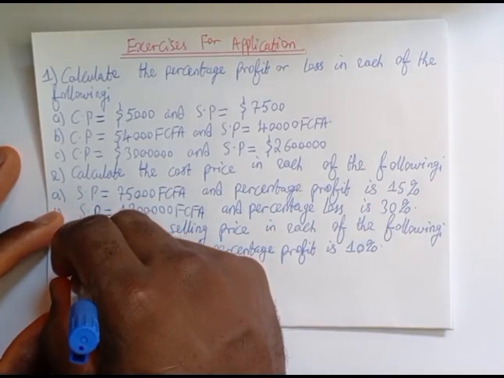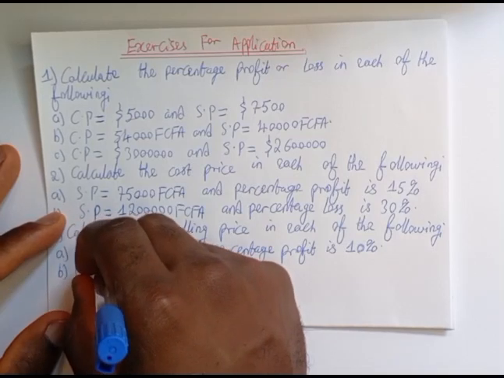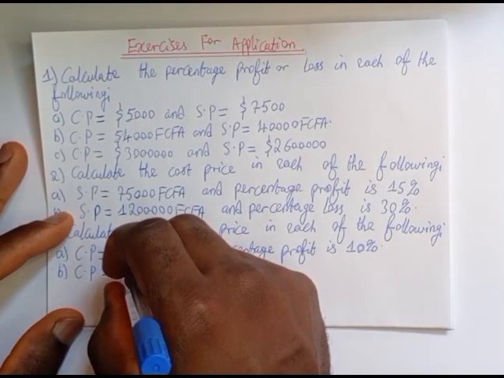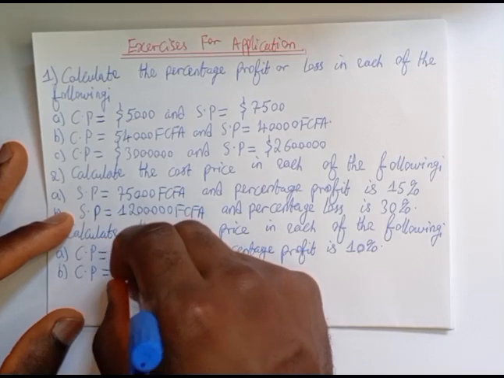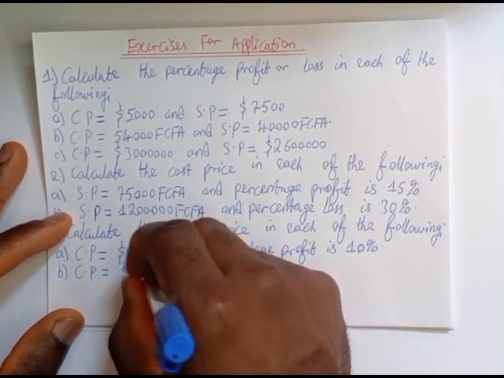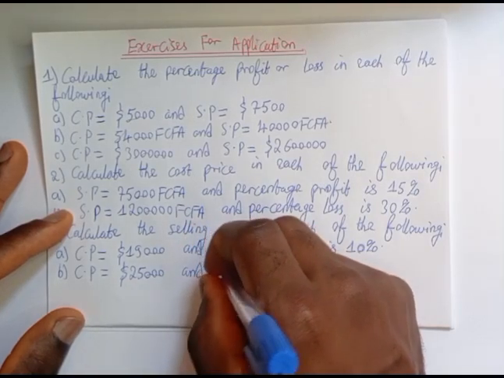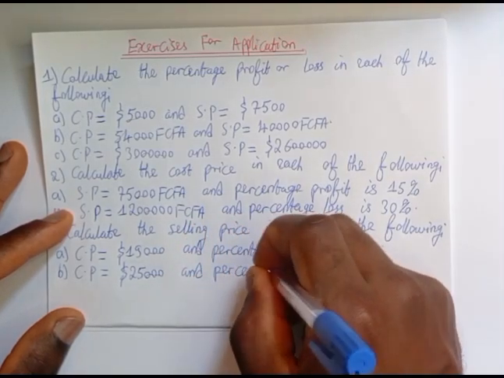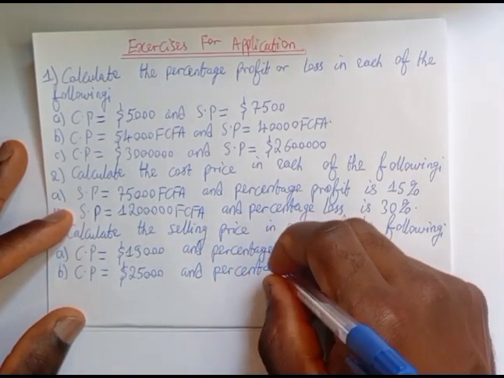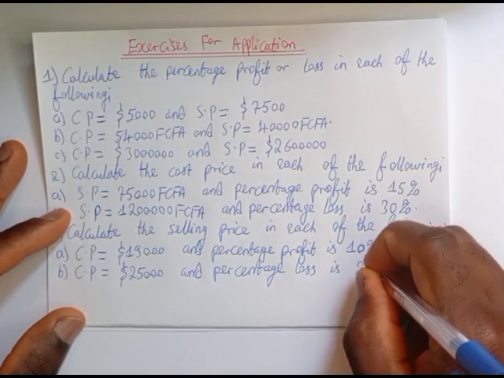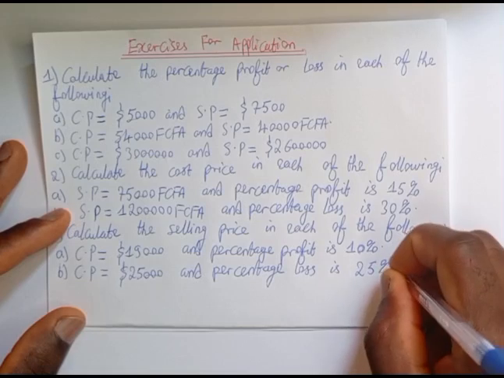For B, we have a cost price equal to $25,000 and percentage loss is 25%.